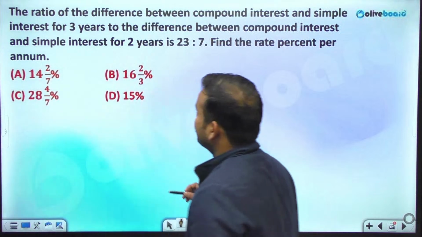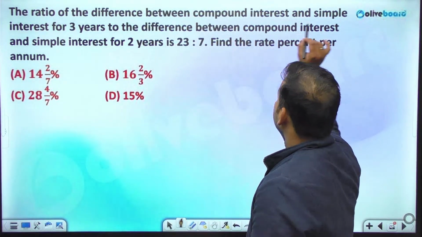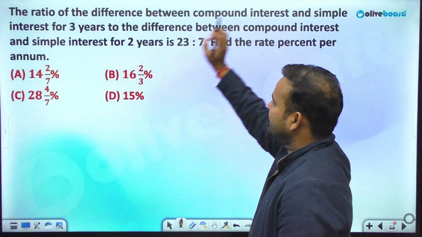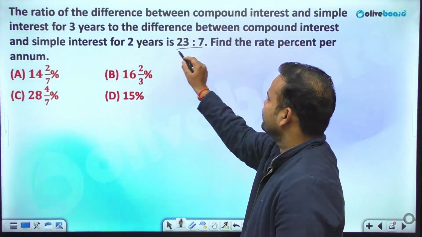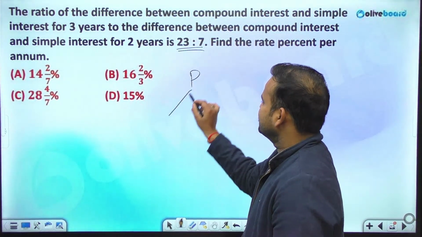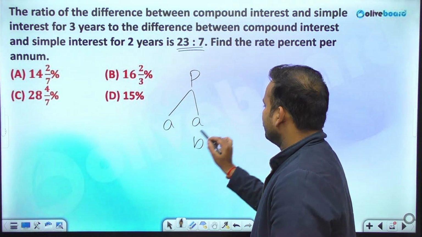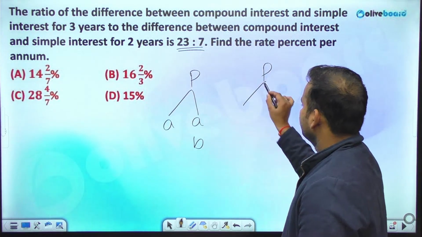Again, the ratio of the difference between compound interest and simple interest for 3 years to the difference between CI and SI for 2 years is 23 to 7. So let's say I'm drawing the diagram for 2 years now, and this is 3 years.